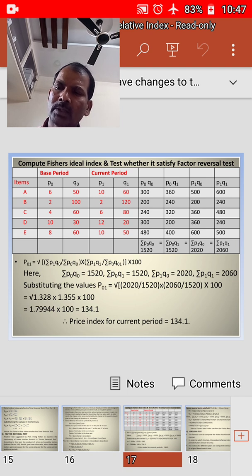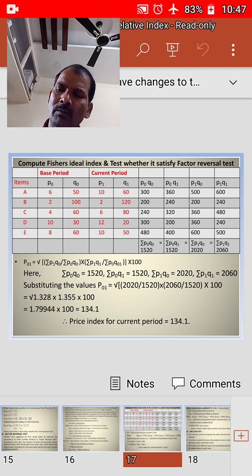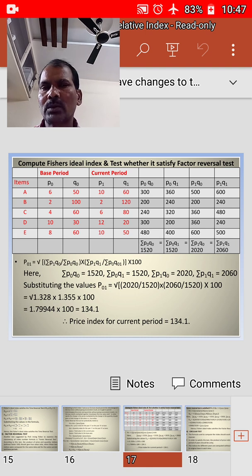Fisher's ideal index P01 is equal to under root sigma P1 Q0 by sigma P0 Q0 into sigma P1 Q1 by sigma P0 Q1 into 100. If you substitute, P01 is equal to under root 2020 by 1520 into 2060 by 1520 into 100. 2020 by 1520 is 1.328, and 2060 by 1520 is 1.355.